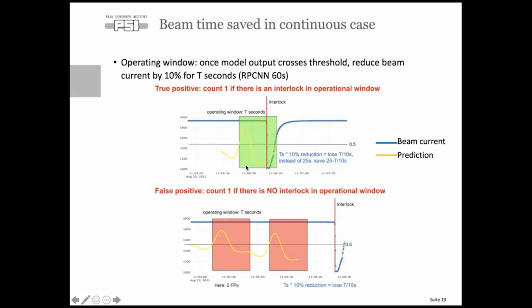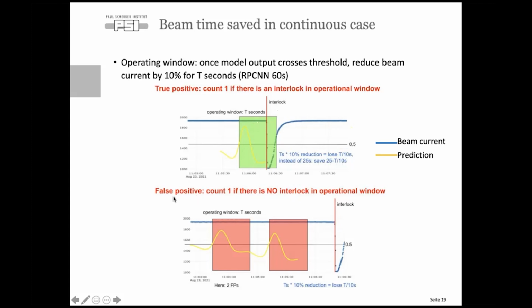And so by doing such an operation, we would lose t over 10 seconds instead of 25 seconds of an interlock. So by doing such an operation, we would actually save 25 minus t over 10 seconds.